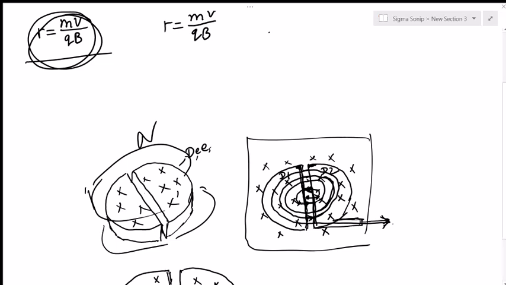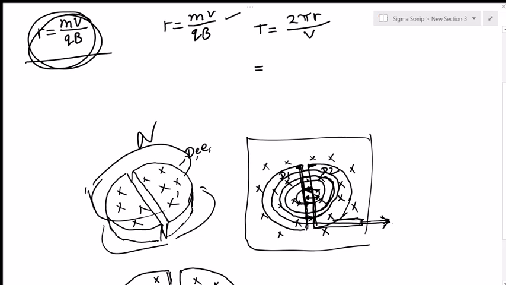So let's look at this. This is our equation we are familiar with. Let's find the time it takes the particle to complete one circle. One circle is 2 pi r, divided by velocity, and that will give you the time the particle would take to complete one round in the cyclotron.